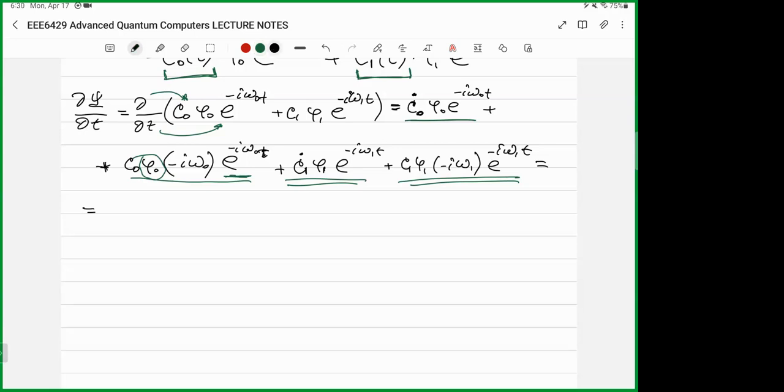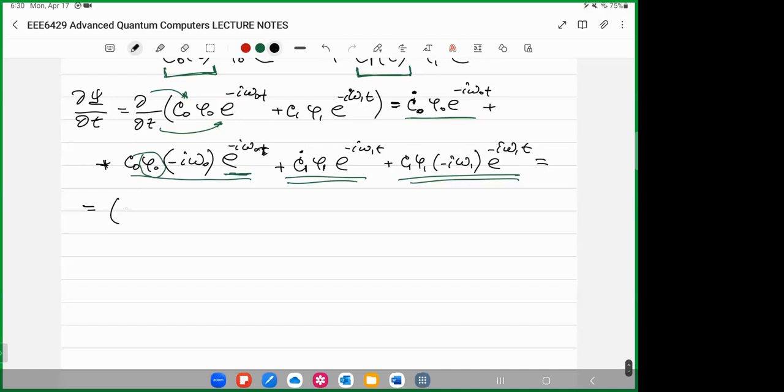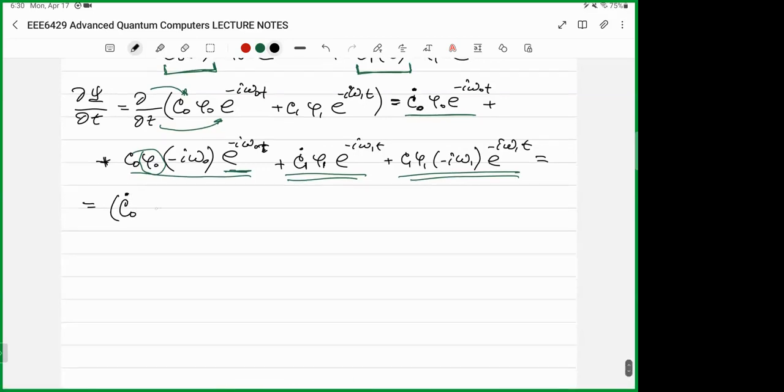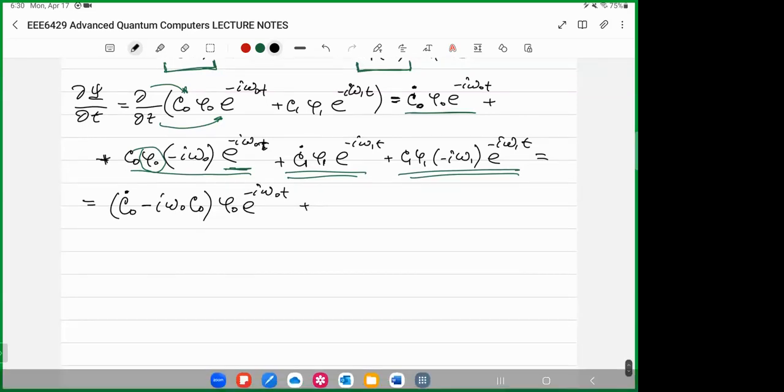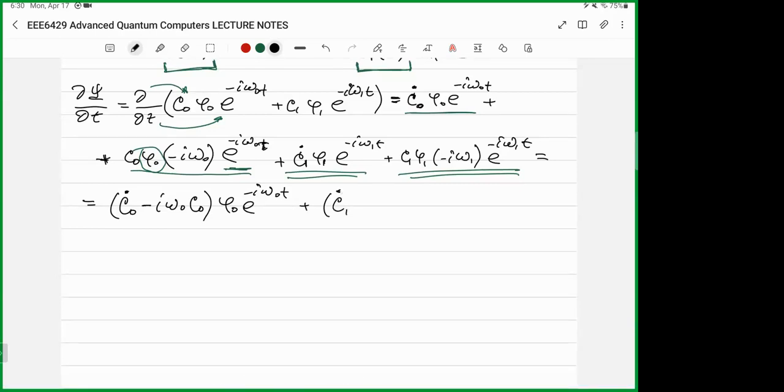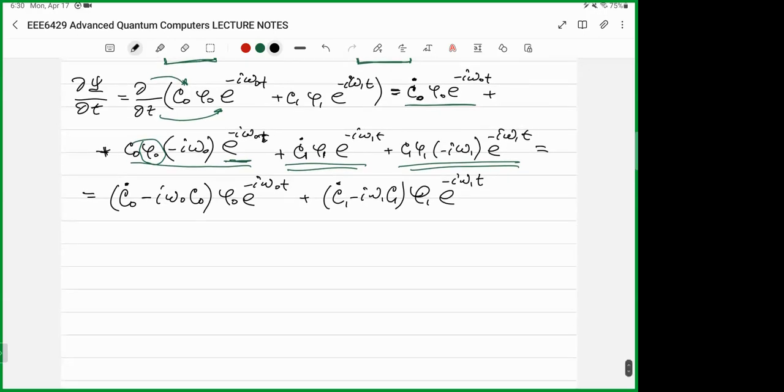So what I get is c sub 0 dot minus i omega 0 c sub 0, phi 0 e to the power of minus i omega 0 t, plus the second term, c1 dot minus i omega 1 c1, then phi 1 e to the power of minus i omega 1 t. So this is the time derivative of this generic c function.